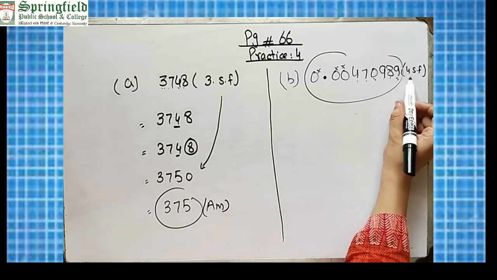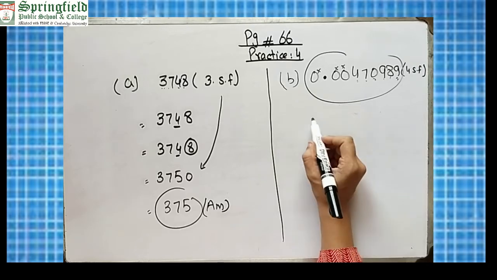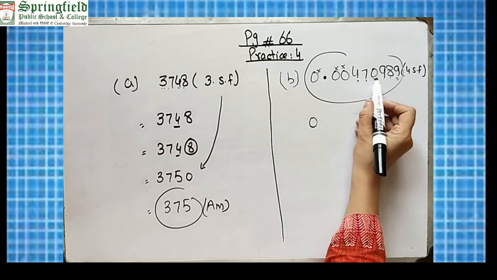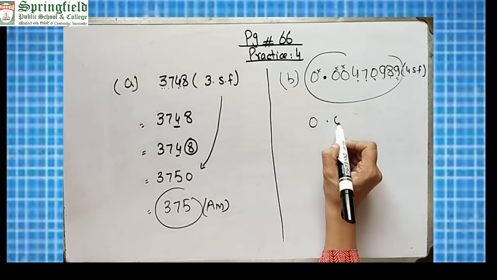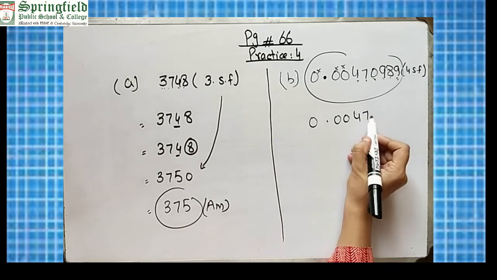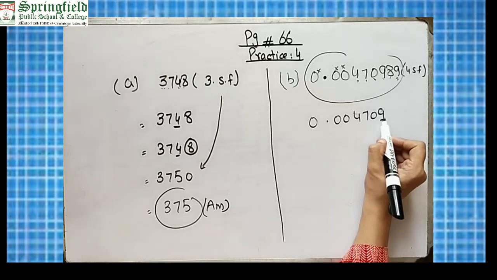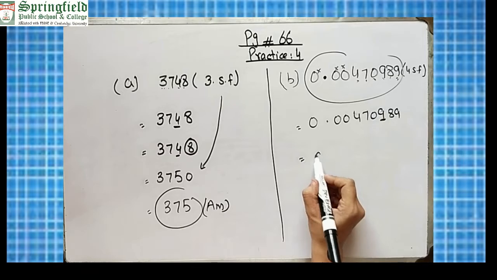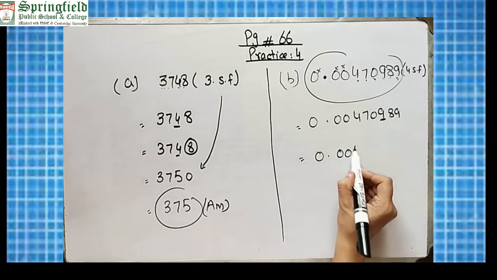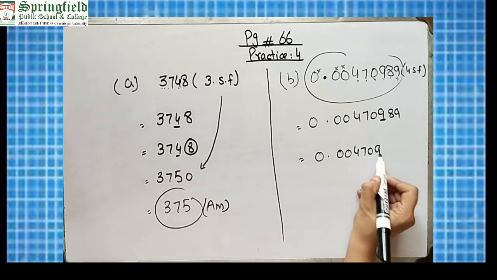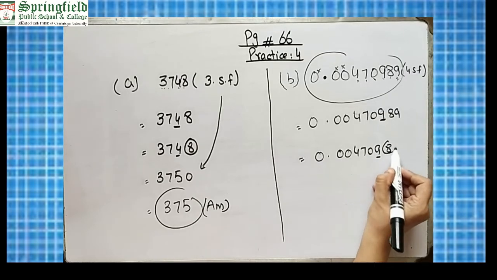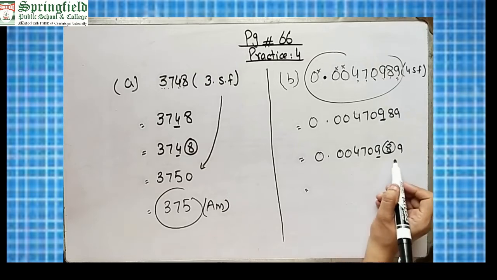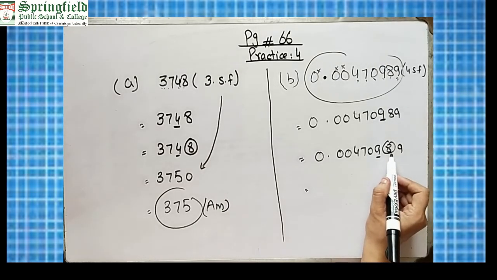So they are saying round off to 4 significant figures. First we start counting from the left side, 1, 2, 3 and 4. So 0.00470989, and then in the next step 0.0047, 0, 9 and circle the next digit. We focus on the circled digit.